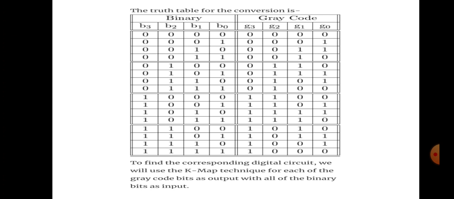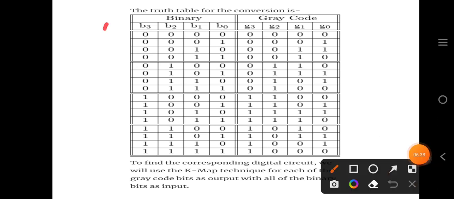Now let's move towards the truth table of binary to gray converter. Now this truth table is nothing but the tabular representation of binary and the gray code. So if you are converting from 0 up to 16, means from 0 to 15, this table we need for the conversion method.